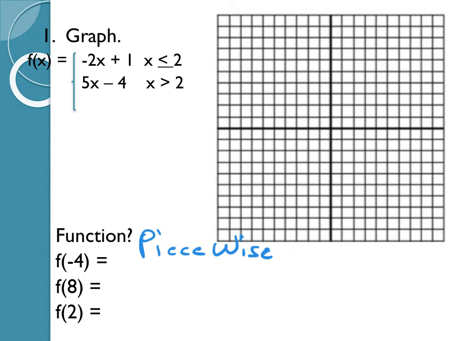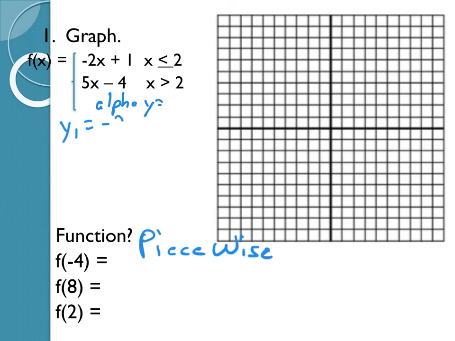I'll show you both. Now, if you're using a graphing calculator, you're going to go to Y1. And you're going to enter this as a fraction. You're going to go to alpha y equal. And that's going to give you a fraction.